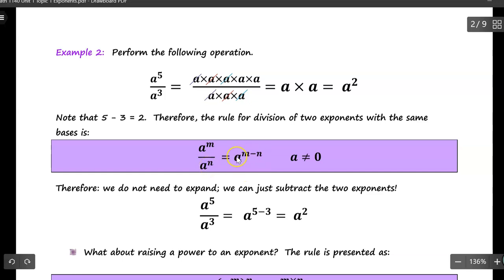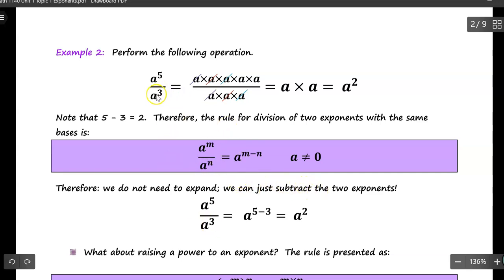The exponent of the power as a numerator, subtract the exponent of the power as a denominator. So the formula applies as a raised to exponent m divided by a raised to exponent n. What you do is take m subtract n, leave the base the same. One condition is that a cannot be equal to 0, because if you have 0 as the denominator, it's an undefined condition.